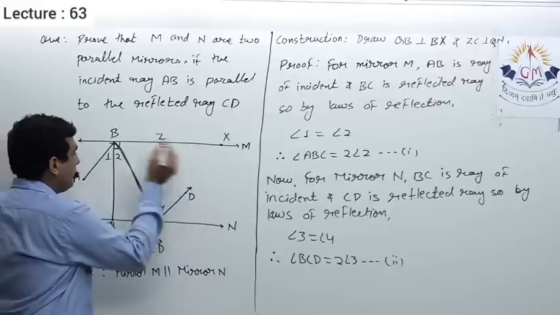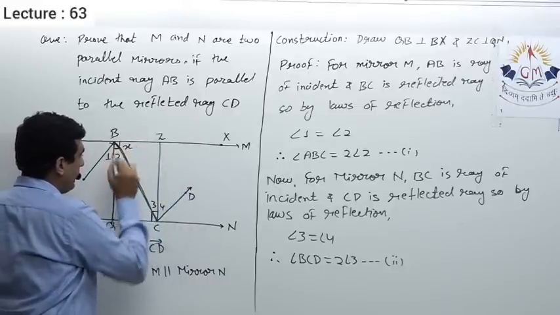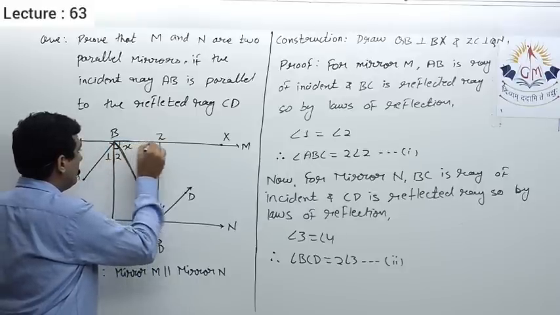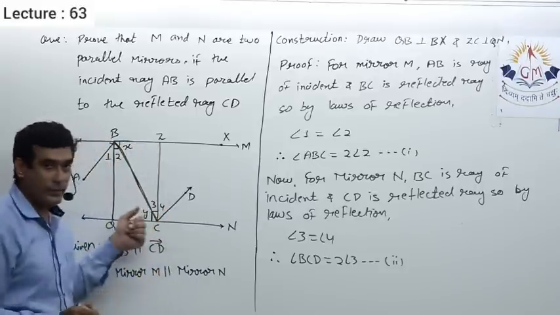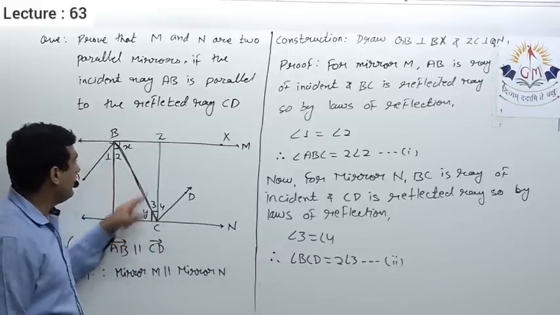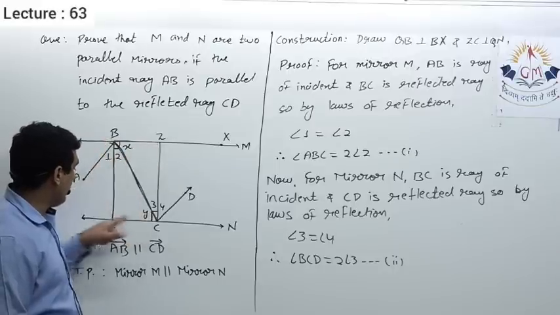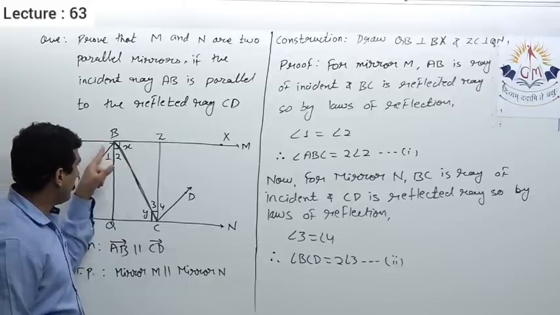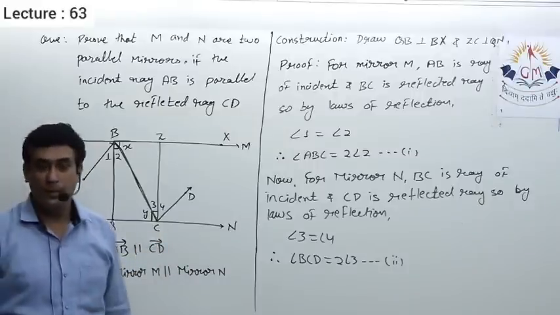Now I can say this complete angle, 2 plus x, is equal to 3 plus y, and since 2 and 3 are equal, x and y are equal. As soon as I say x and y are equal, I can say BZ is parallel to CQ, isn't it? And BZ parallel to CQ means mirror M is parallel to mirror N.